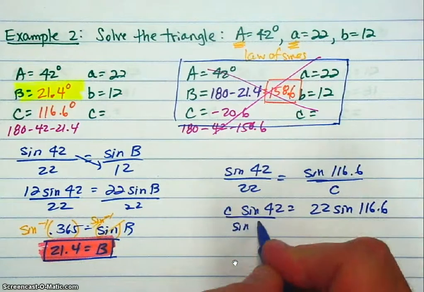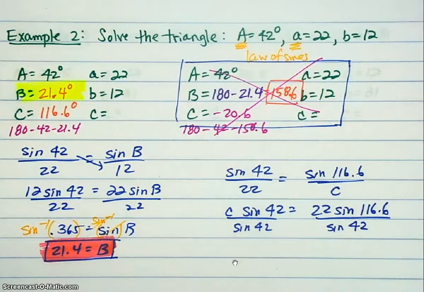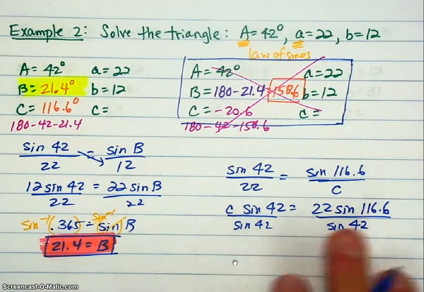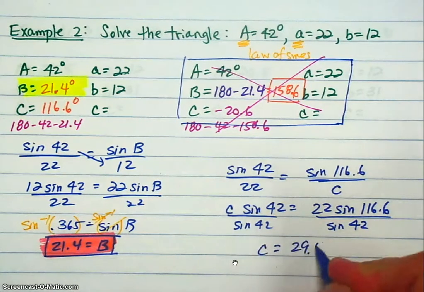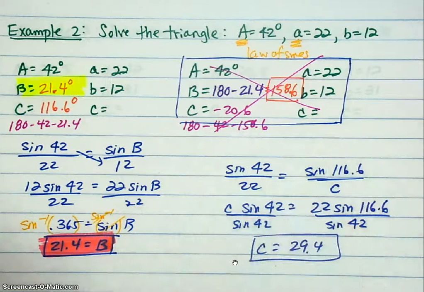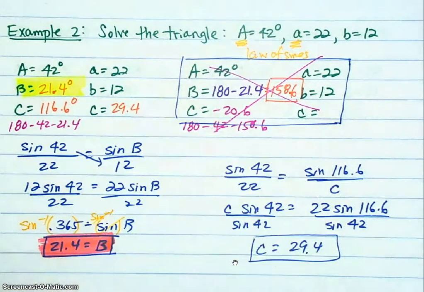And we divide by the sine of 42. Now this is like what we were doing 2 days ago in our work. So when we type this into our calculator, we end up with C equal to 29.4. So I would put 29.4 there for C.